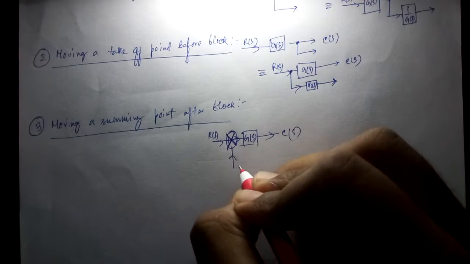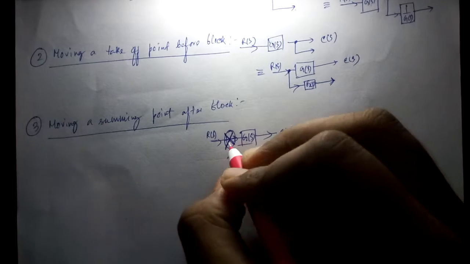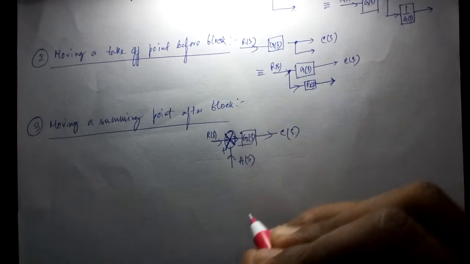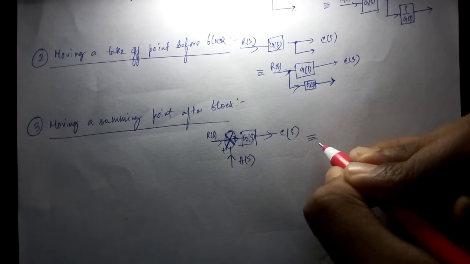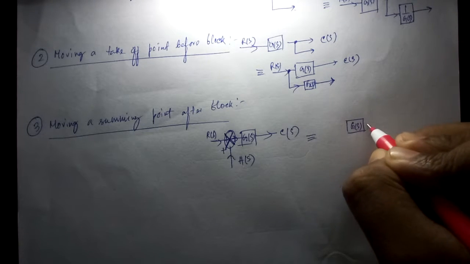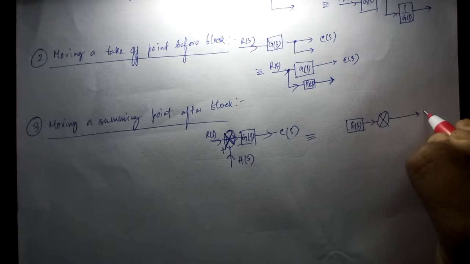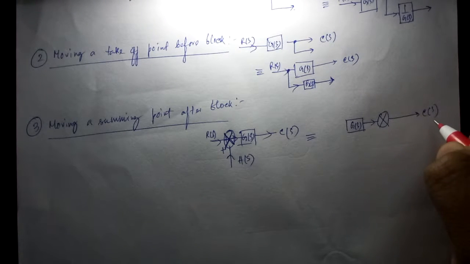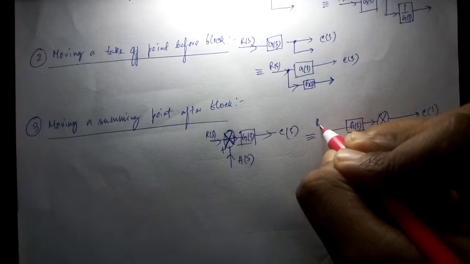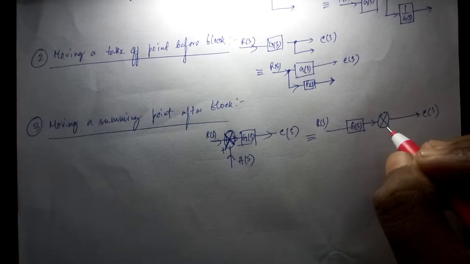Obviously some signal, let's say HS, is getting summed up here with RS. So if we now transfer it after the block and get the same output CS, in that case what do we have to do?